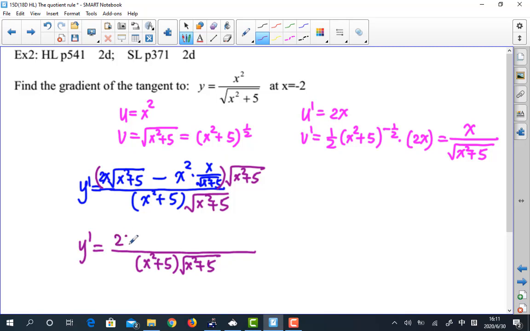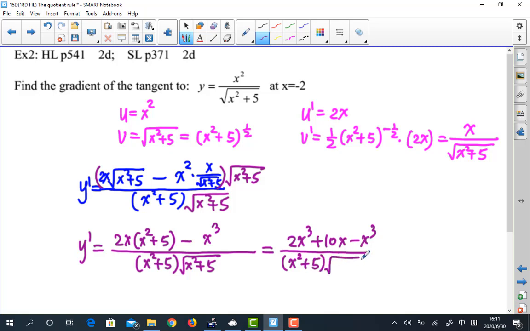We should have 2x times x squared plus 5 minus x cubed. Expand the brackets and simplify the numerator further. So 2x cubed plus 10x minus x cubed. Keep the denominator the same. Then I can have x cubed plus 10x divided by x squared plus 5 times square root of x squared plus 5.